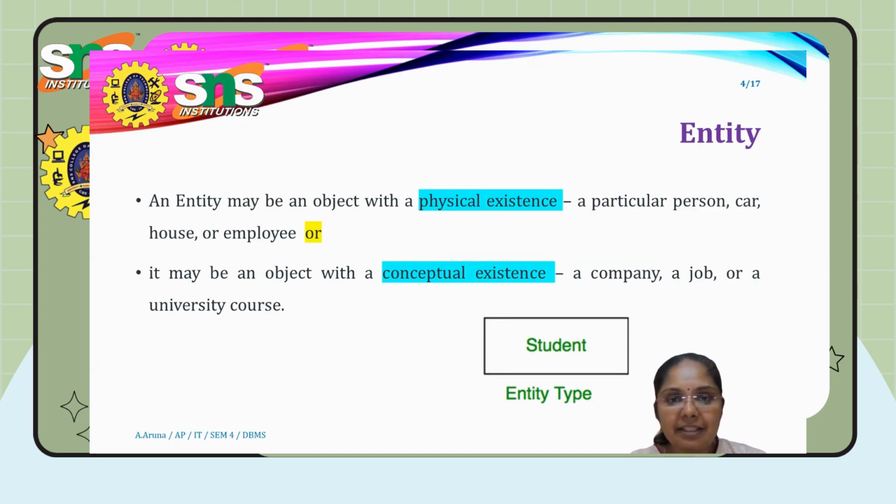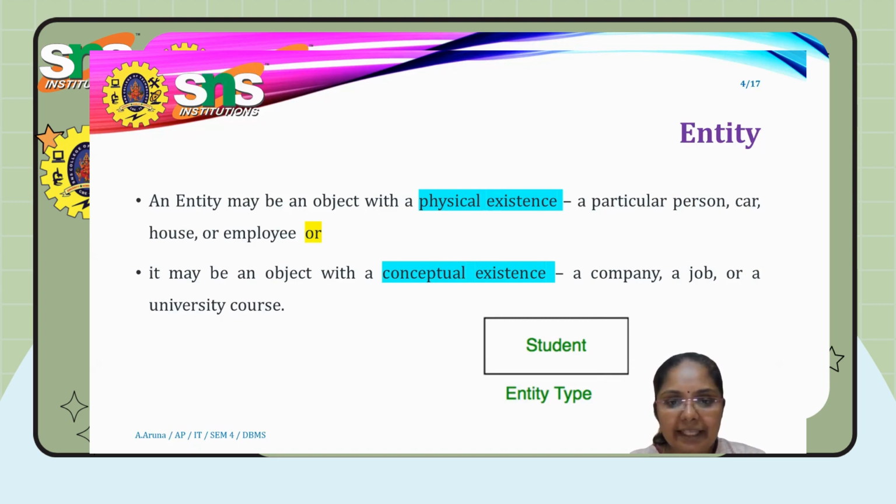It can be a living or a non-living thing. One kind is physical existence, which can be visible or non-visible. A person is generic and not visible as such, while a car is a visible thing and a house is a visible thing. Both can be entities of any database.